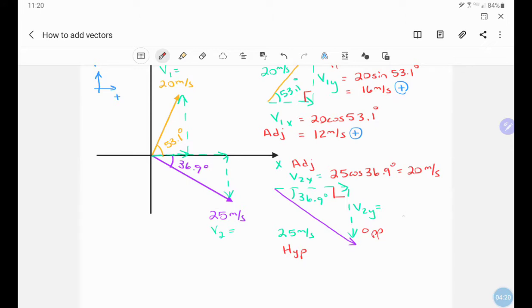And Vy, that's opposite over hypotenuse, which is going to be 25 sine of 36.9 degrees. And that gives us 15 meters per second.